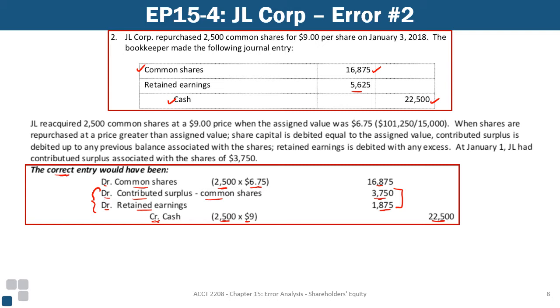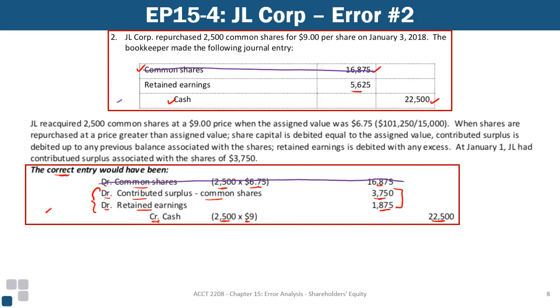And that's because they combined the adjustment that should have been made to the contributed surplus balance and put it all to retained earnings. So now the nice thing about this as well, I'm just going to change the color here, is that when we see the entry they should have made down here and the entry they did make up here, we can compare them. So look, common shares got a debit of $16,875. Common shares should have received a debit of $16,875. So we don't need to make any adjustment for that.